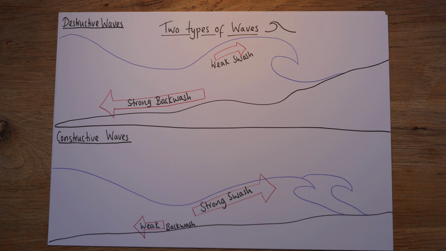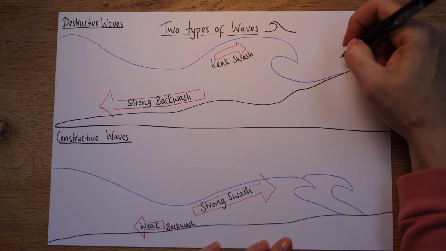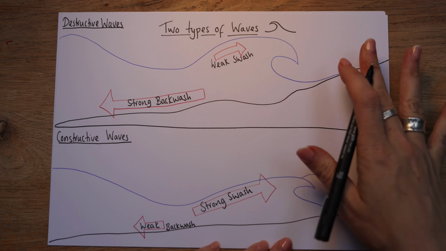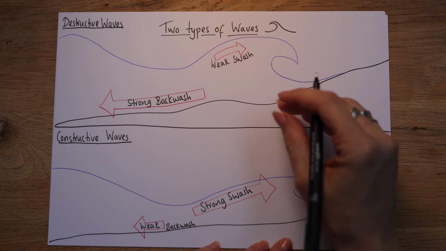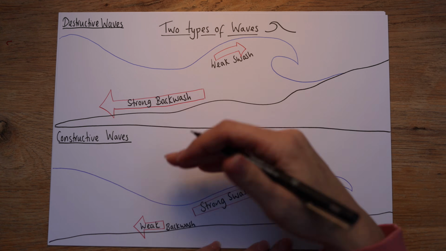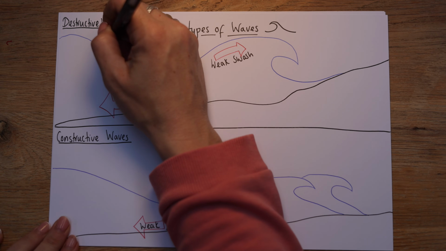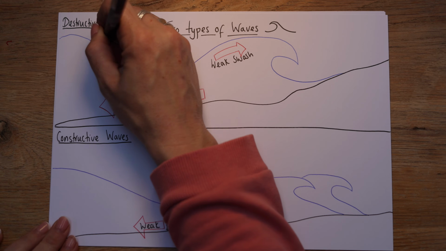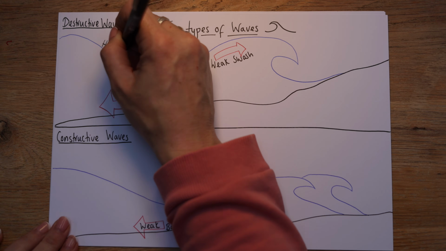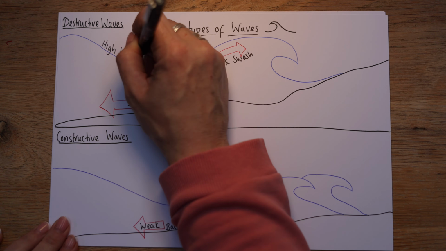But that won't get you full marks if it's, say, a full marker. So let's do destructive waves fully first, and then we'll move on to constructive. You've got the main difference. There's a few other things. Firstly, destructive waves have a high wave count.